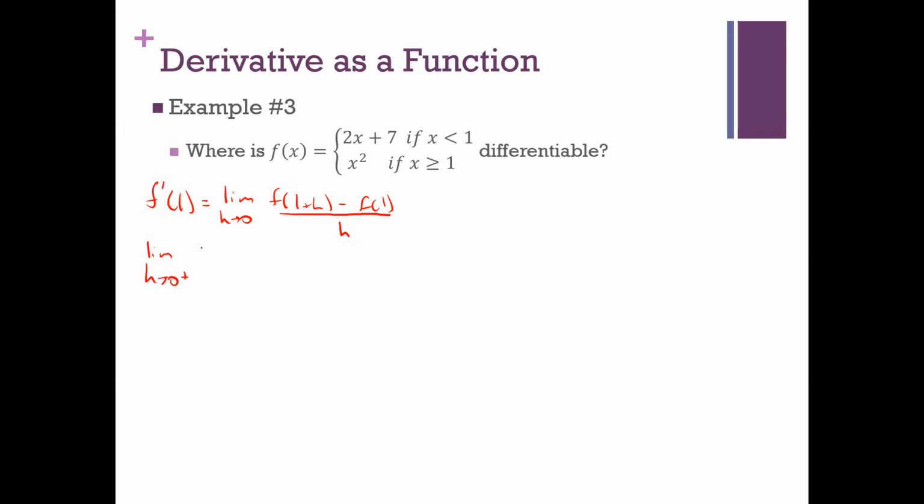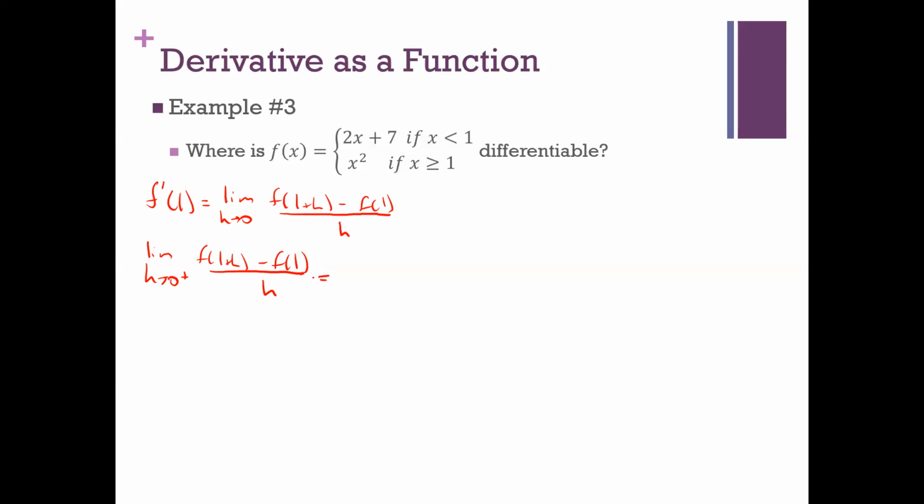So from the right, f of 1 plus h minus f of 1 all over h. If h is a positive number, what is f of 1 plus h? Which one of those two branches for this function applies when h is positive? x squared, right?